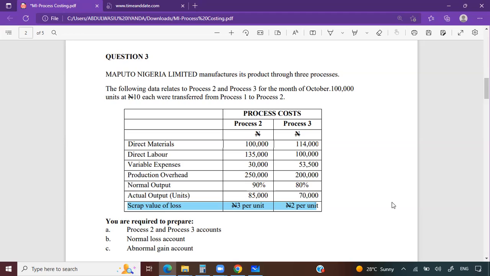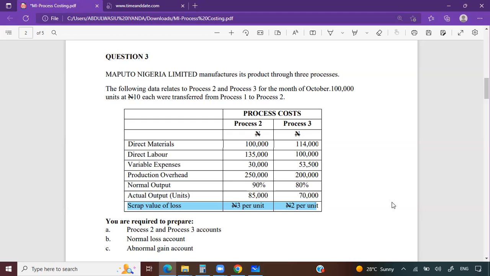That means we are making provision of 10% for loss. And even in process 2, they are saying we expect 80% output of your input. So a provision is already made for a loss of 20%.